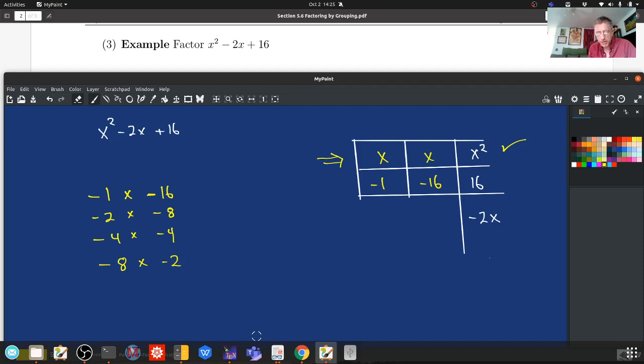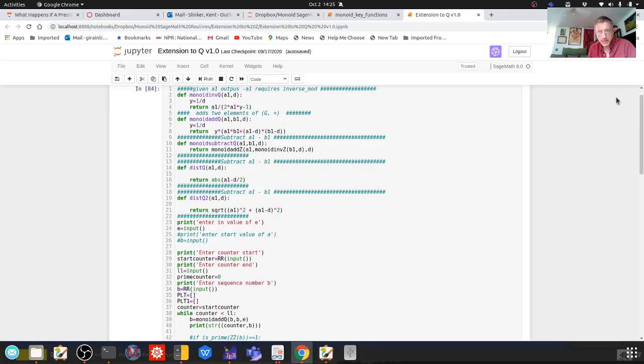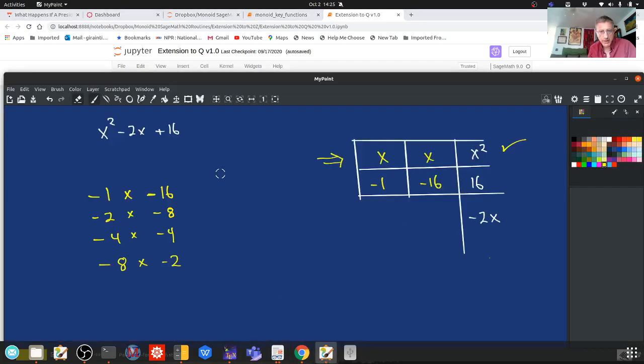So I have to try another possibility. So I've got to erase it and try another one. I've tried that possibility. It doesn't work.